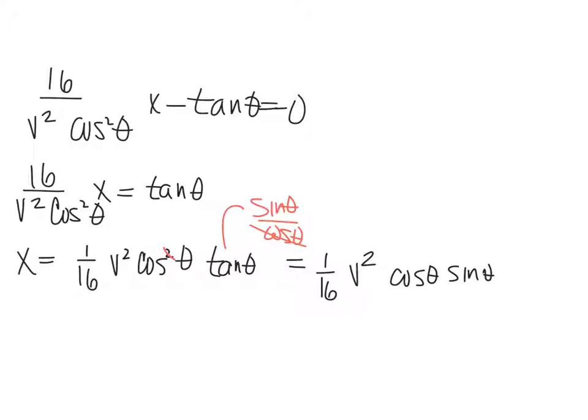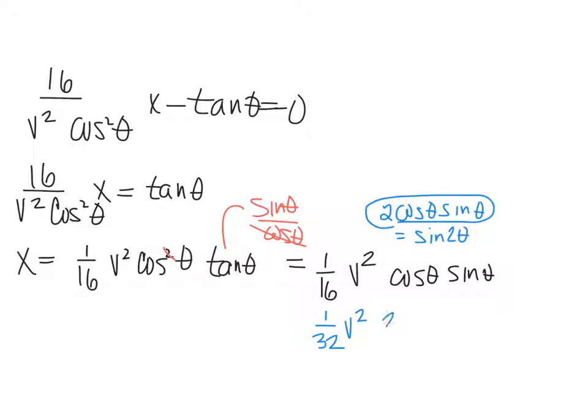Cool? All right, now I actually have a double angle property here. 2 cosine theta sine theta is the same as sine 2 theta. So to get this, I actually need to make this as 1/32 v squared times 2 cosine theta sine theta.